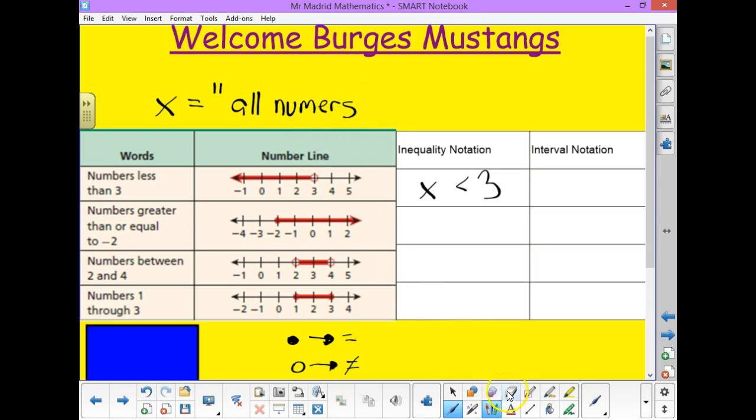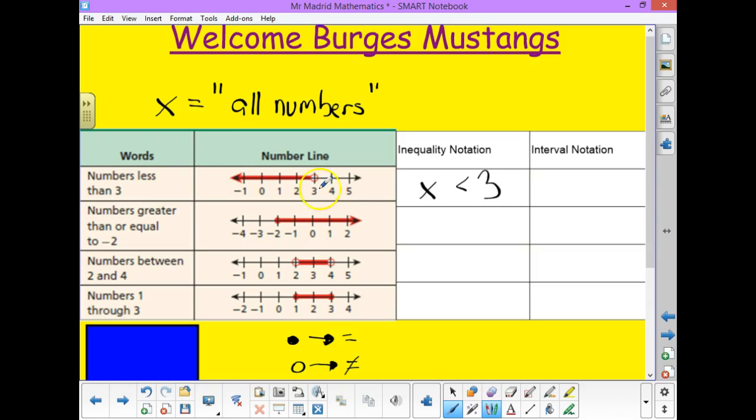Let me spell that. All numbers. So let's substitute x for all numbers. So this then reads all numbers less than 3. Numbers less than 3. So this says the same as this and the same as this.